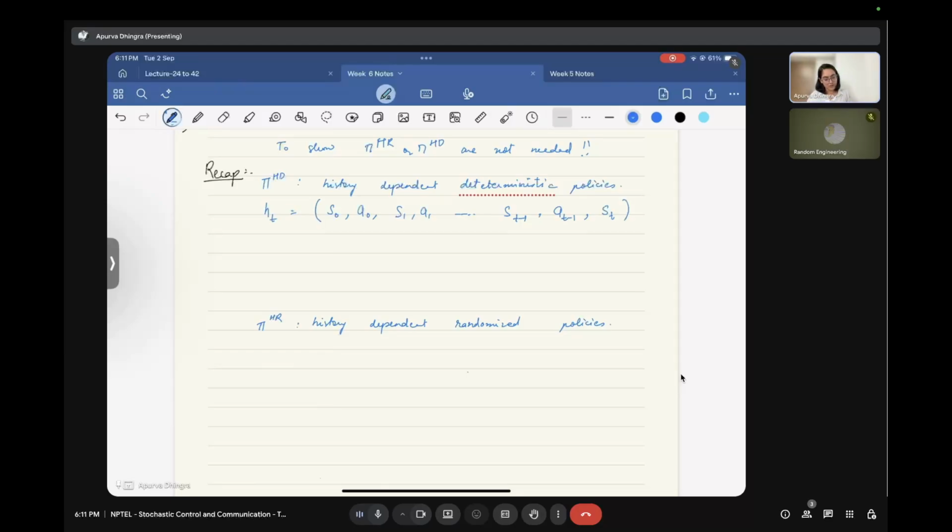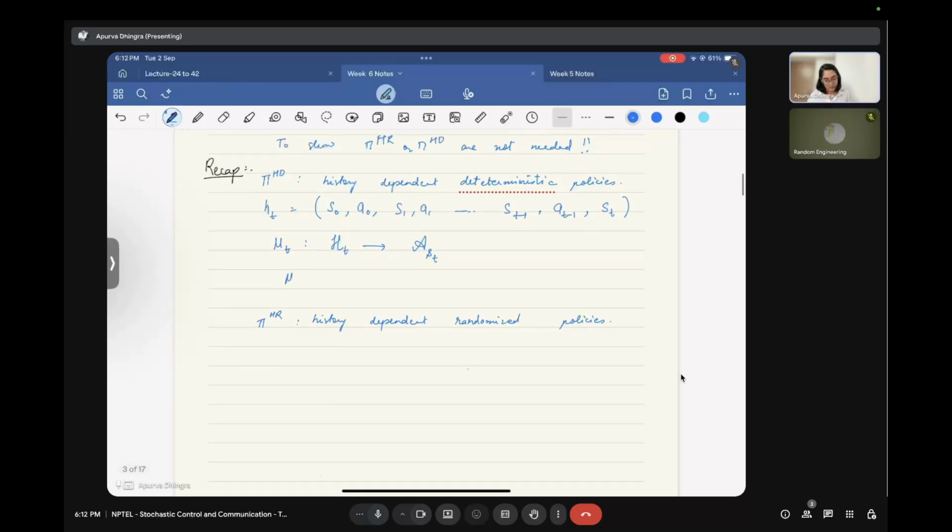And policies which are dependent on history would give ut to be of this form. We'd be taking from the set of histories, we'd be taking actions, but the action has to be only dependent on the last state. So ST is all it will depend on.